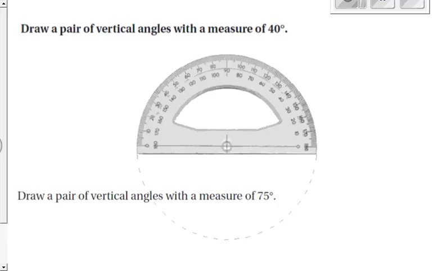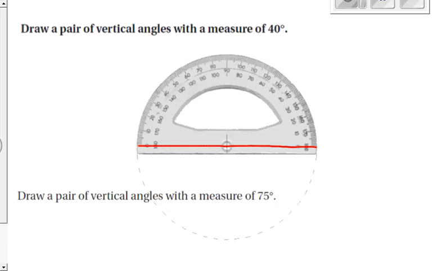Now the next thing we're going to do is draw a pair of vertical angles with a measure of 40 degrees. Alright, so the very first thing that you need to do is draw a line that goes the whole length of your protractor. So there's our straight line. Now with your protractor, at where the line is at 0, you need to find 40 degrees.